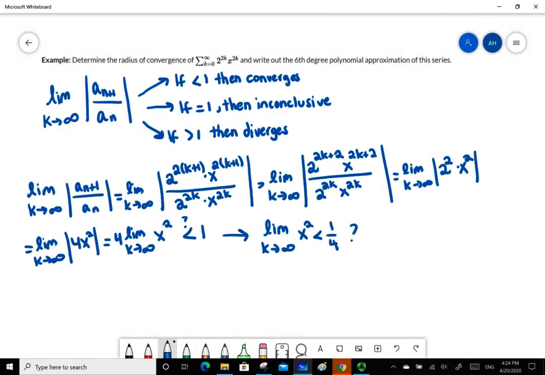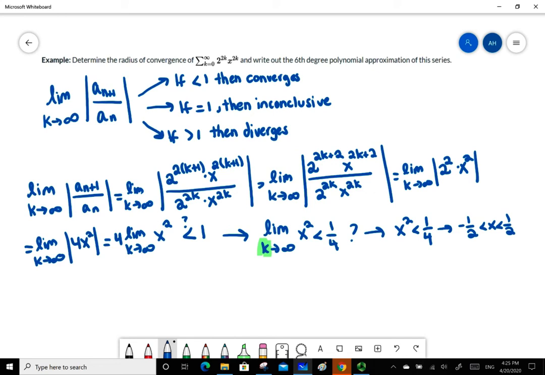Since the limit is as k approaches infinity, x is not affected by the limit, so as far as the limit is concerned, x is a constant. So what we're really trying to figure out is when is x squared less than 1/4, which will happen anytime x is between -1/2 and 1/2.